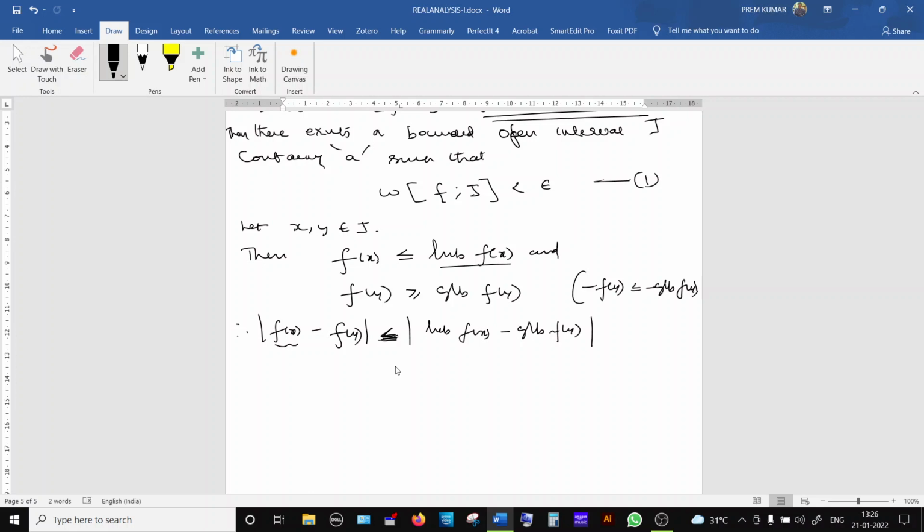And this, as per the definition of oscillation, is nothing but the oscillation of f over J, but this is less than epsilon by 1.